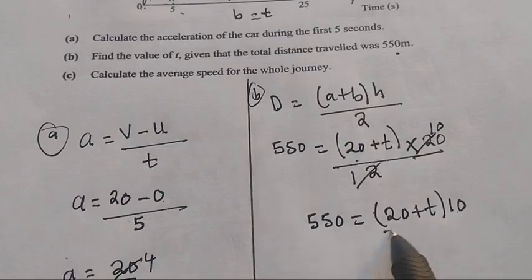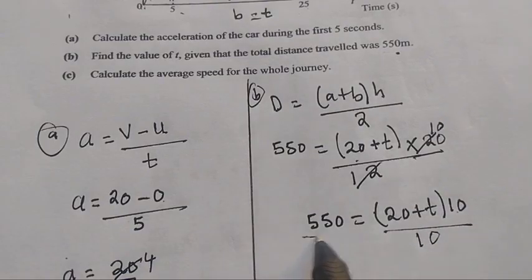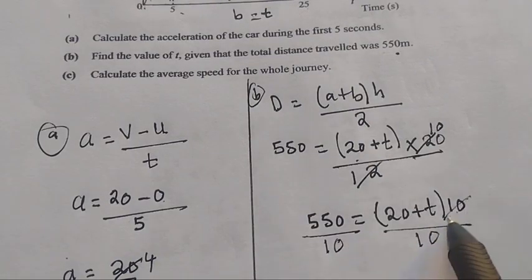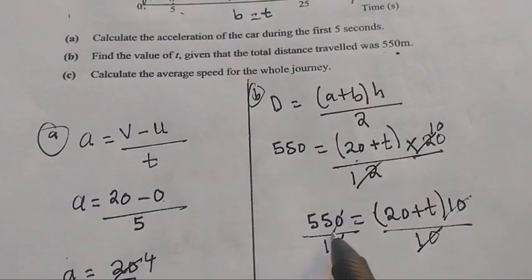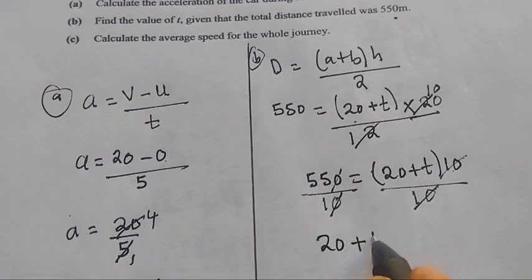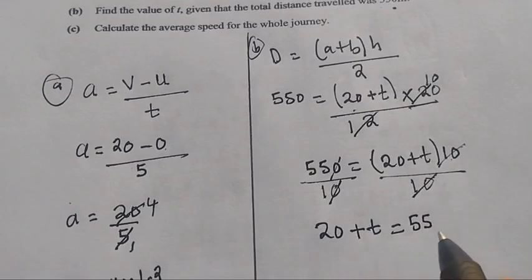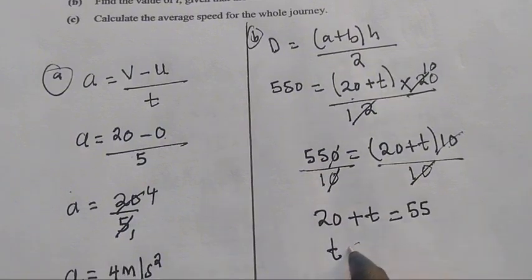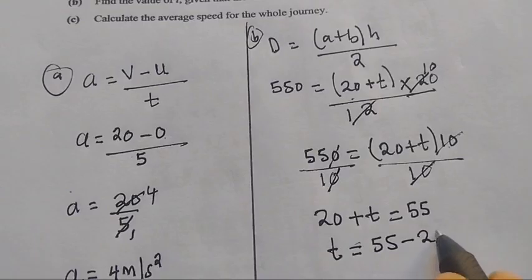You can see we have a 10 here. You divide by 10, even this side you divide by 10. So this 10 and this 10 cancel out. What are we remaining with? We are remaining with 20 plus t is equal to 55. So let us correct the terms: t is equal to 55 minus 20.